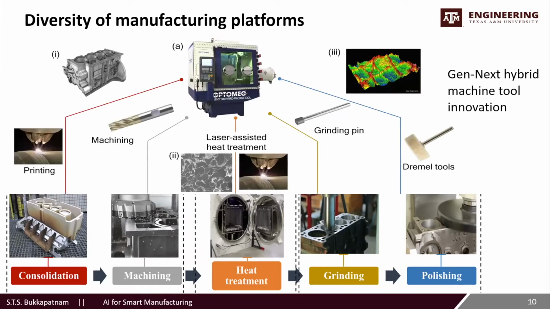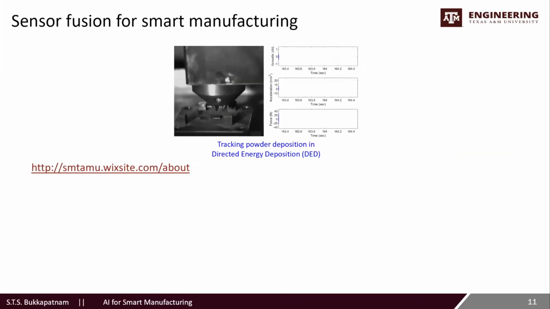At Texas A&M, we are working on a platform called Smart Hybrid Manufacturing. It's a machine tool that integrates these processes. And more importantly, these processes are completely monitored using heterogeneous sensors.